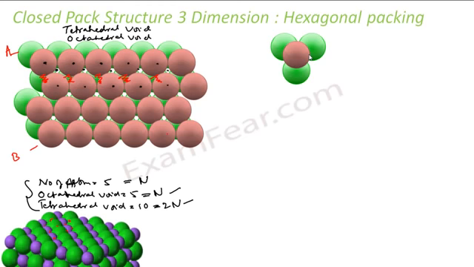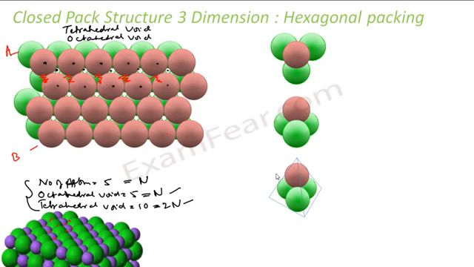Now if you try to view it from this angle, this is the top view, this is the front view, this is how it looks. Correct? 3 spheres and 1 top sphere. Geometrically this is how it looks. This looks like a tetrahedron, and that's why it's called tetrahedral void. Hope you understand, right? 3 spheres on the corners and 1 on the top. This is called tetrahedral void.